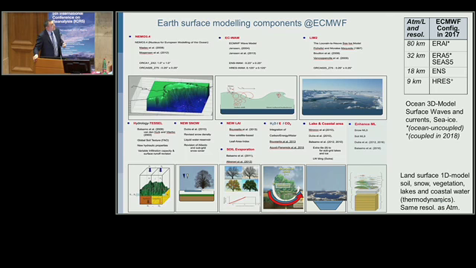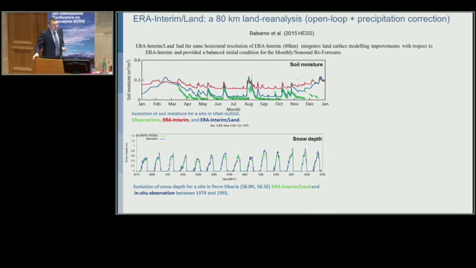And as Roberto mentioned in his talk, we are moving towards a coupled world. So we are trying to uniform and use the same model all across this forecast and reanalysis application.